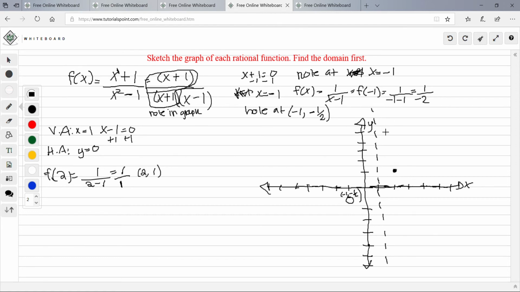Okay, so I'm still iffy about how it's going to look. I assume it's going to go like this, but I'm not 100% sure, so I'm going to test another point. So I'm going to do f of 3. f of 3 equals 1 over 3 minus 1. That's 1 over 2, so that's 3 comma 1 half.